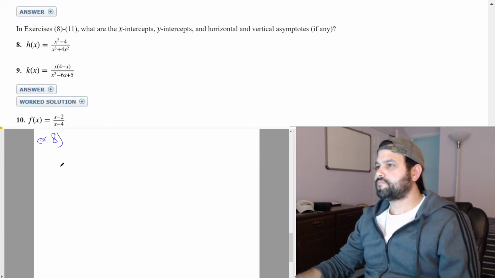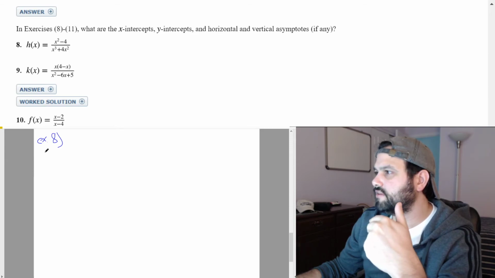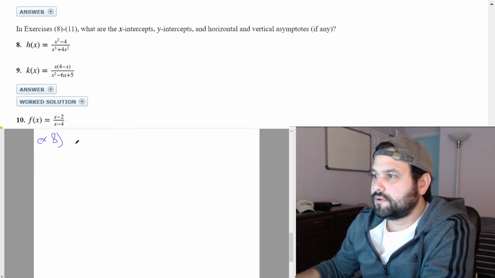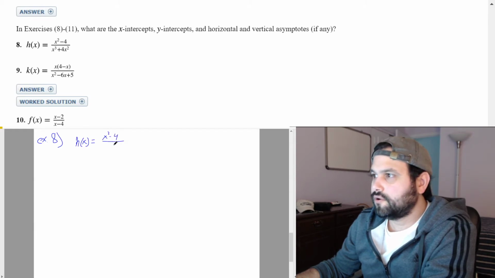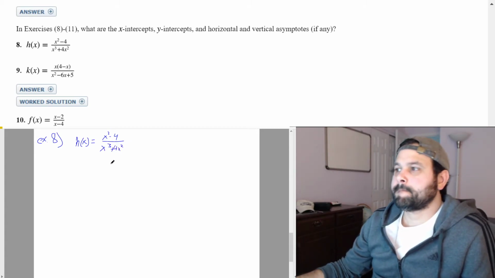Okay. So we're going to find the x-intercepts, the y-intercepts, horizontal and vertical asymptotes. So our function is h of x equals x squared minus 4 over x cubed plus 4x squared. Okay?